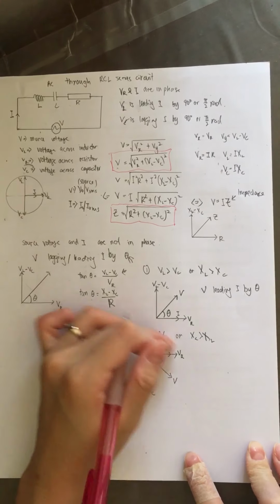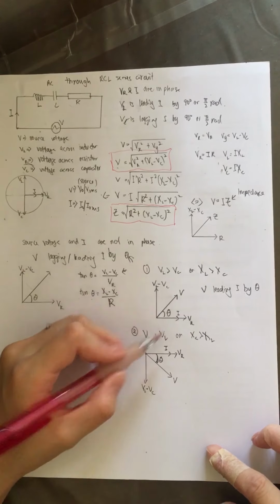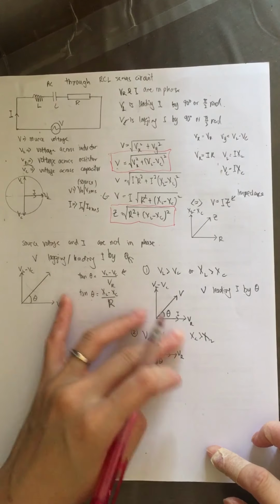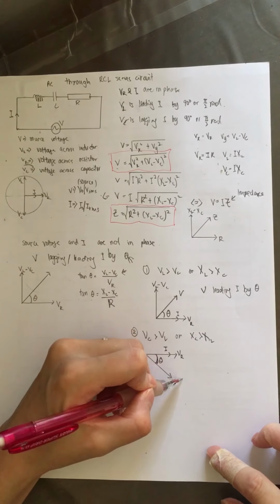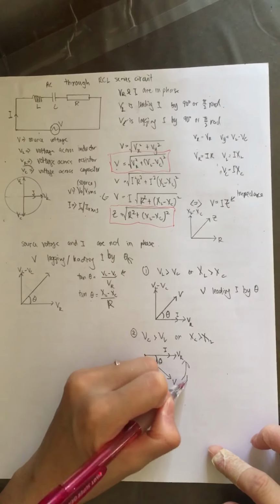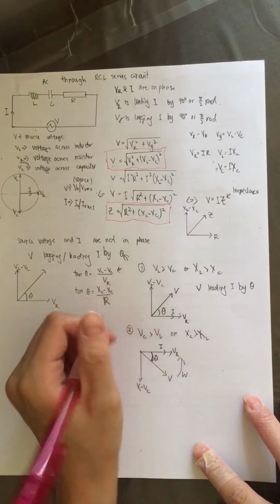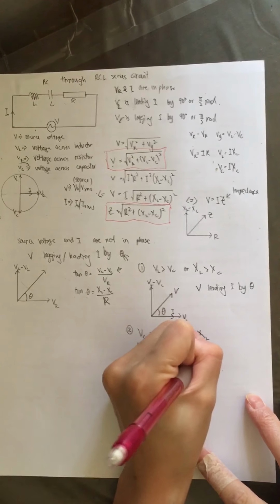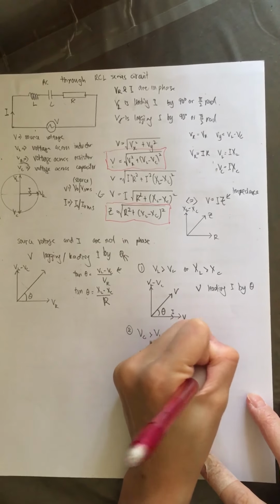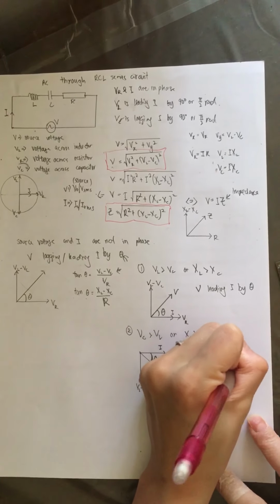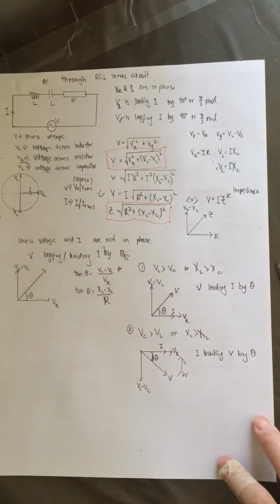In this case, how do you analyze this phasor diagram? We know that it is moving in the anti-clockwise direction. So in other words, the phasor I is leading V by angle theta.